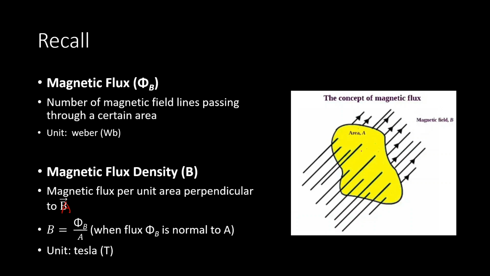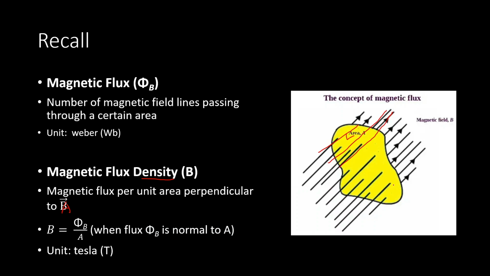So basically what this means is that when we have some magnetic field lines perpendicular to the area A, the magnetic flux density means how many of them there are per unit area, right? It's like a density. Like when we talk about ring density, it could be intense or it could be light.